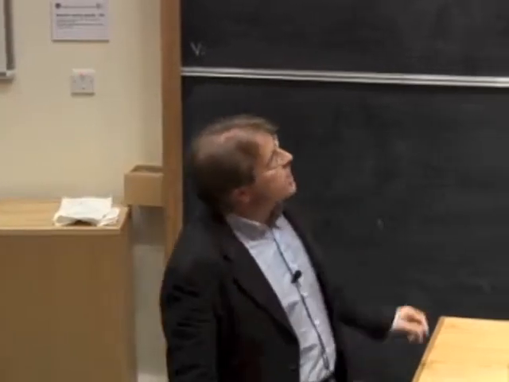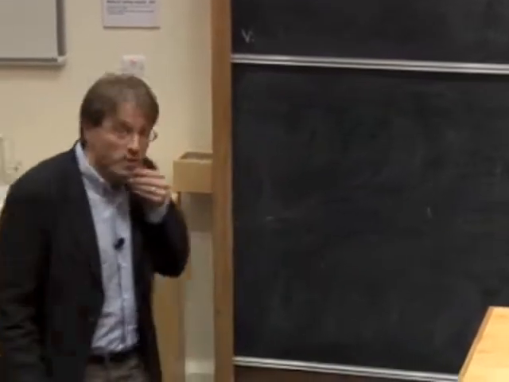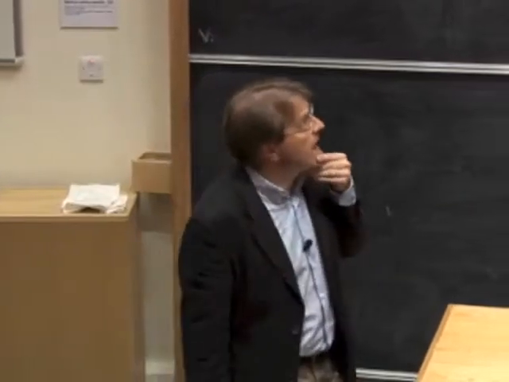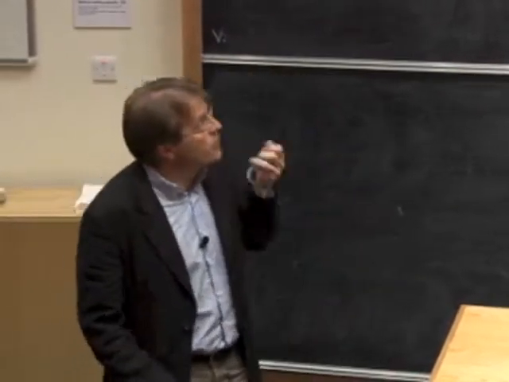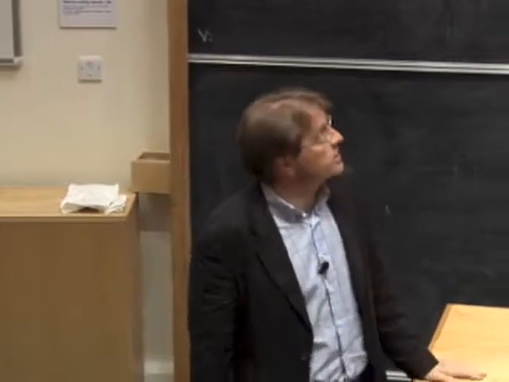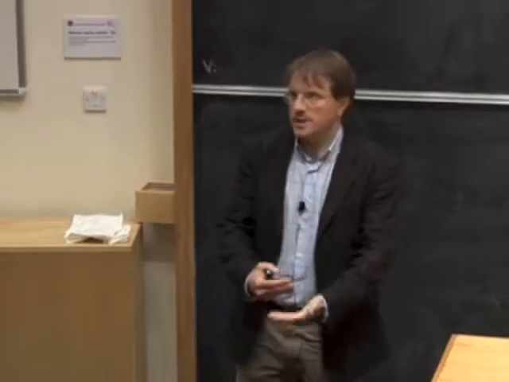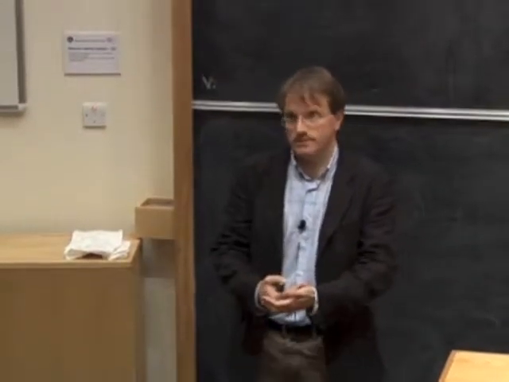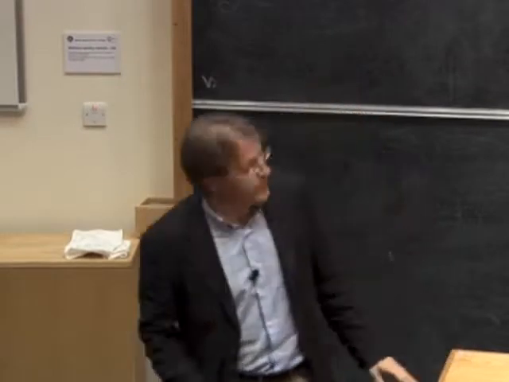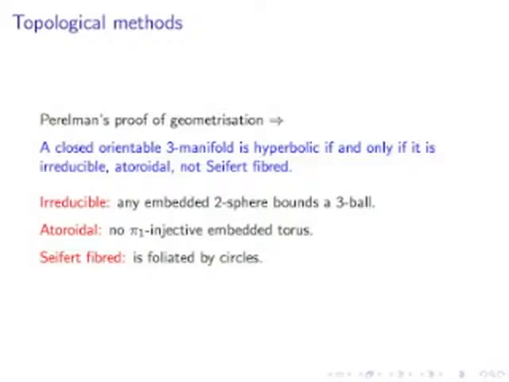There's another approach which uses more topological methods, and so now we know the geometrisation conjecture to be true. We know precisely, in some sense, which manifolds have a hyperbolic structure. The theorem says that a closed orientable 3-manifold is hyperbolic if and only if it satisfies these 3 topological conditions. It's irreducible, atoroidal, and not Seifert-fibered.